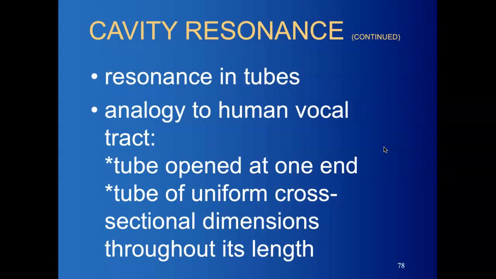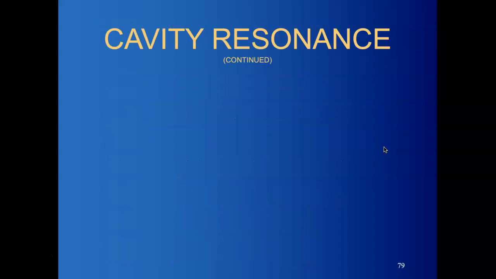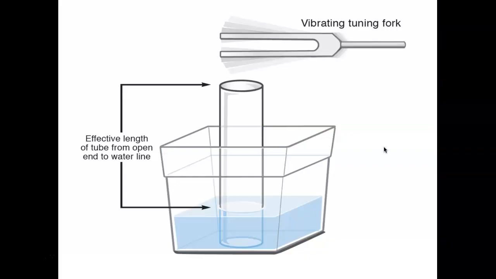We talked about the human vocal tract being a tube closed at one end, which has similar resonance properties to the ear canal. Here you can see a new visual from the new text. You have the vibrating tuning fork, which will play sound down into this tube.